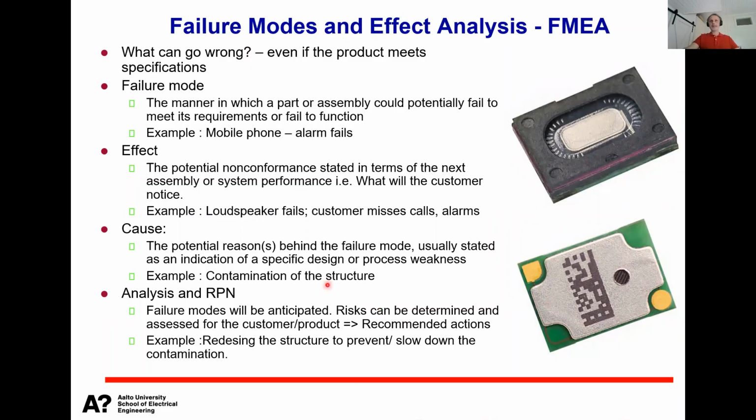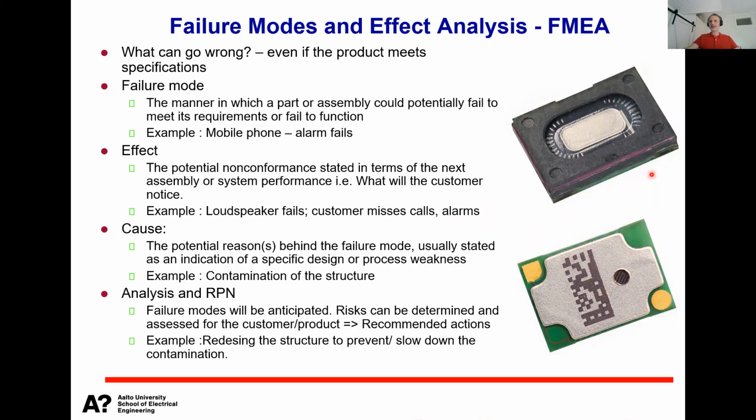Okay, and then so basically what one can do, you can, let's say, improve the sealing of your phone if the contamination is coming from the use environment, for example, or you can maybe do something here locally to prevent that. Let's say if it's dust which has accumulated here, then to prevent or slow down.